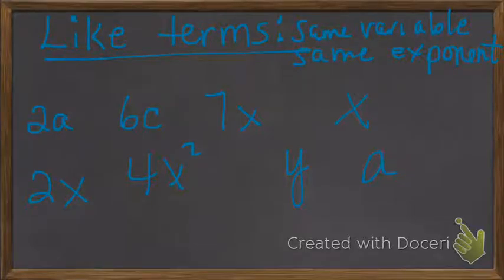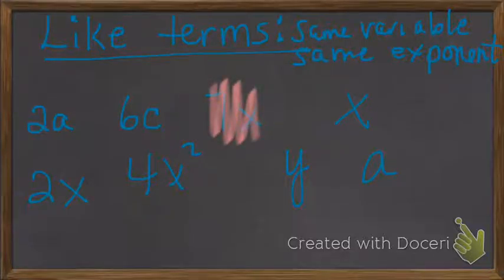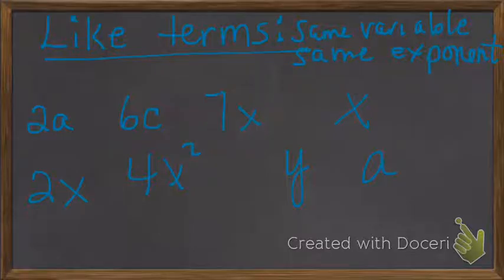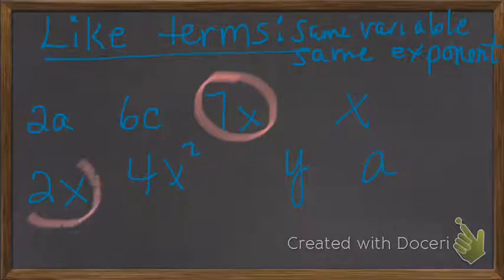Some are alike, so go ahead and see if you can pick them out. For instance, 7x. Let me circle it so you can still see it. 7x and 2x, and any more?